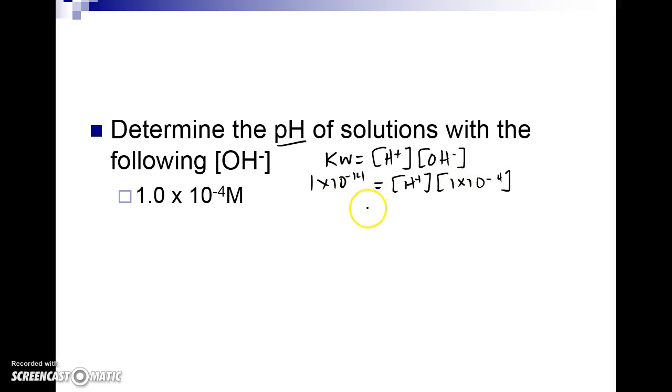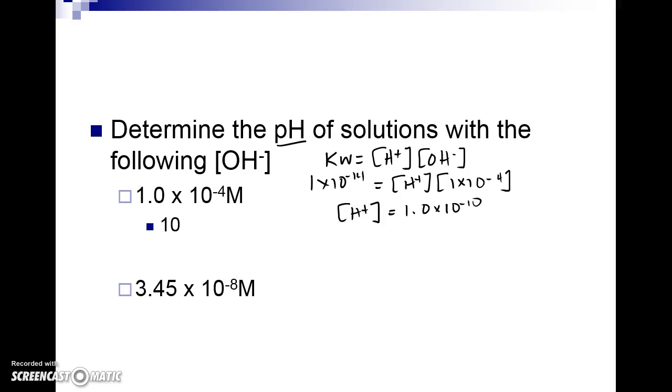I know, because I can do minus 14 and subtract that 4, that I'm going to get an H plus that's equal to 1.0 times 10 to the minus 10. And that's easy to do my pH, because if I know the hydrogen ion concentration, it's this perfect answer like this, I know it's going to be 10.